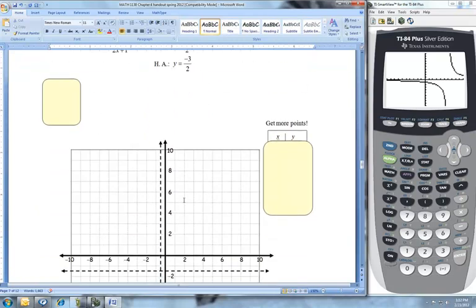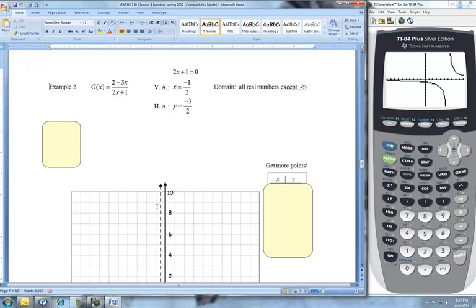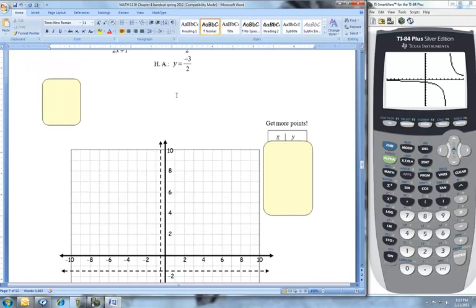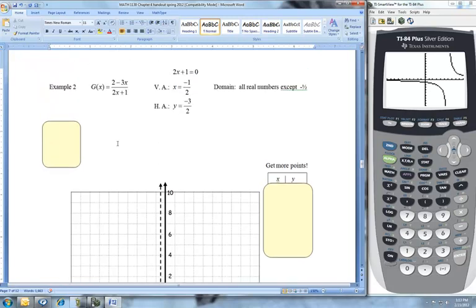And then I went to my graph and I put in my dashed line. So x equals -1/2 is vertical, so there it is, and y equals -3/2. There it is. So it's on my graph. Go get our intercepts. I always let x be 0 because then you have y equals 2 over 1.